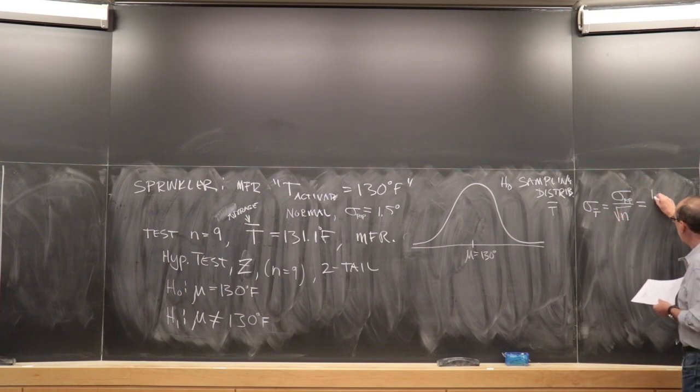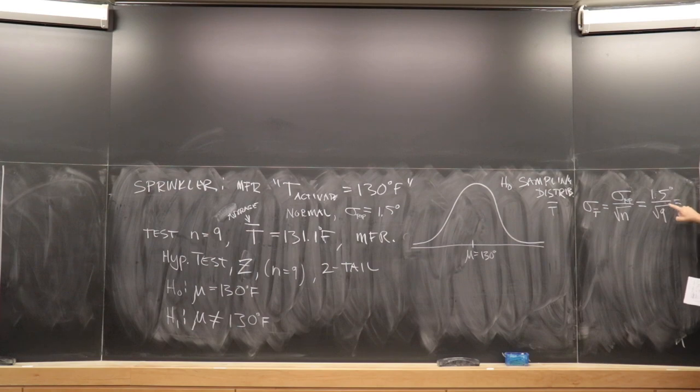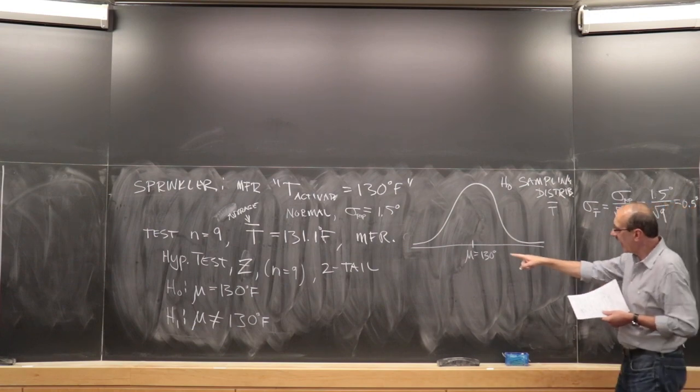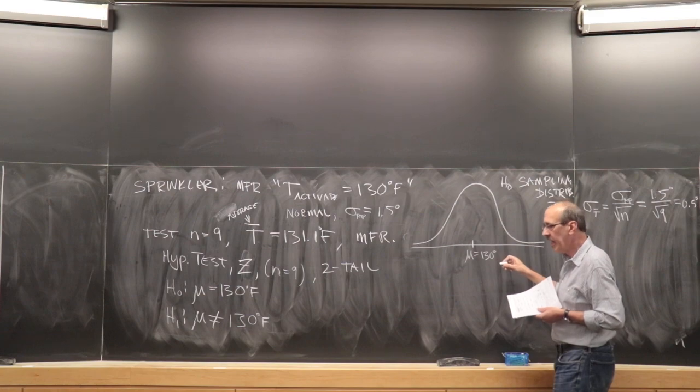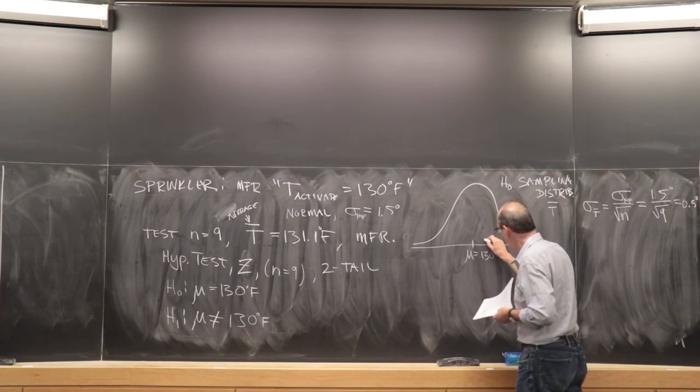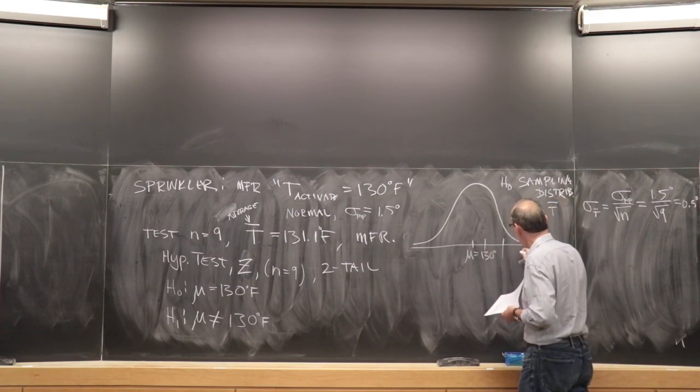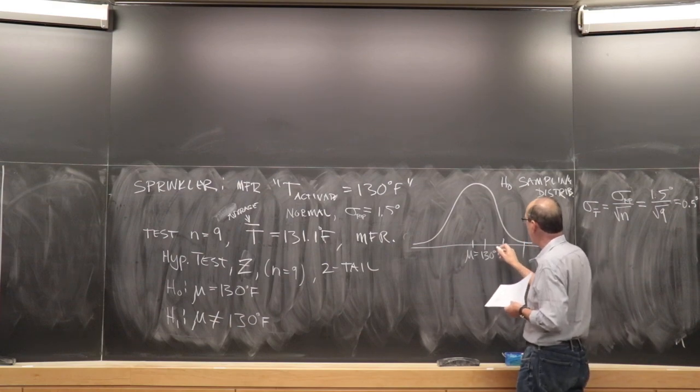I'm told, when I remember, that this is 1.5 degrees. This is the square root of 9. What convenient numbers! This is then going to be 1.5 over 3, so this is 0.5 degrees. So now I can increment across here in units of standard deviation: 1 standard deviation, 2 standard deviations, 3 standard deviations, and so on.